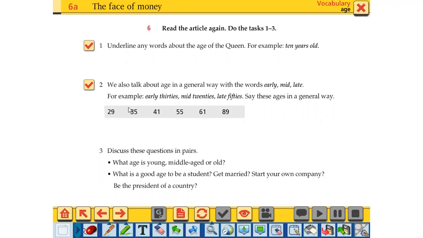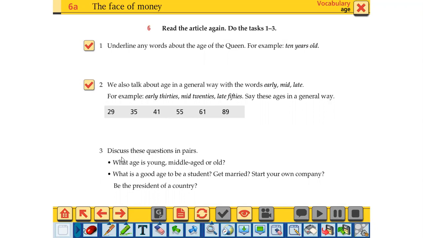Late 30s is 29. Ya al final o terminando los 30 ya. Una forma genérica de decir una edad. And 61 is, or better 52 is mid 50s. 50s, okay. A mitad de los 50. And so on.